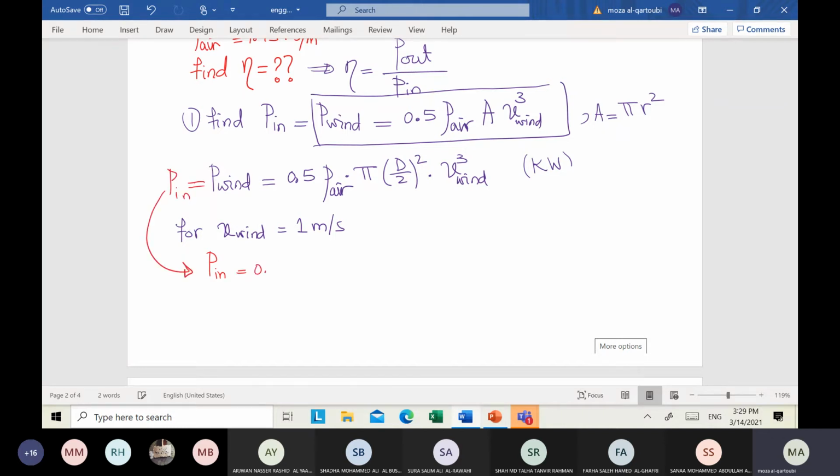It will be 0.5, rho given as 1.43, times pi, the diameter given as 72 over 2 squared, and velocity 1 cubed. So 1 will be 1. For other values, check that this is cubed. The value is given in kilowatt.